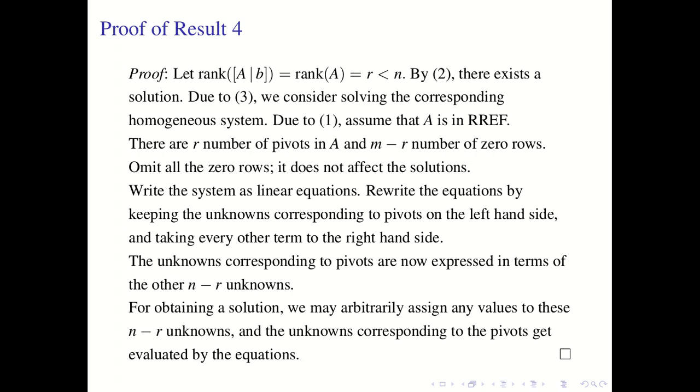So on the left hand side we have these basic variables, and on the right hand side we have these free variables. Therefore every one of the r variables on the left hand side is expressed as a linear combination of the n minus r unknowns. So assigning values to each of these free variables, we get a solution for the r unknowns, and we get the solution for Ax equal to b.